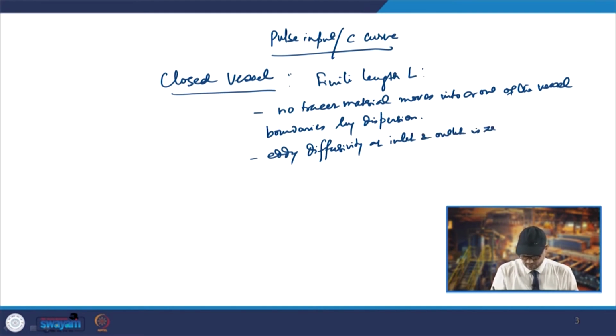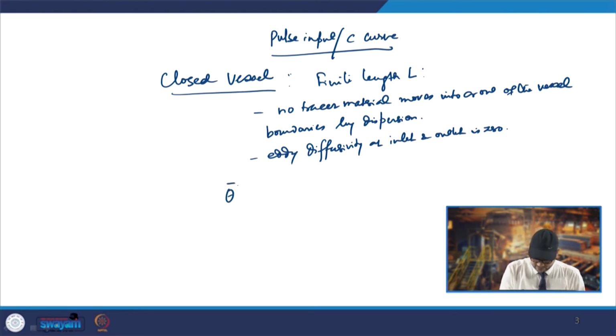So, what we do is, you solve that concentration equation with the boundary conditions in the closed vessel, and you get the mean as well as the variance of the curve. You get a family of curves.